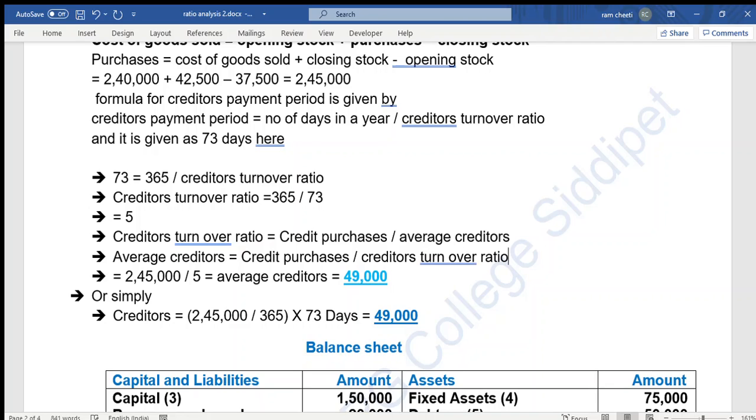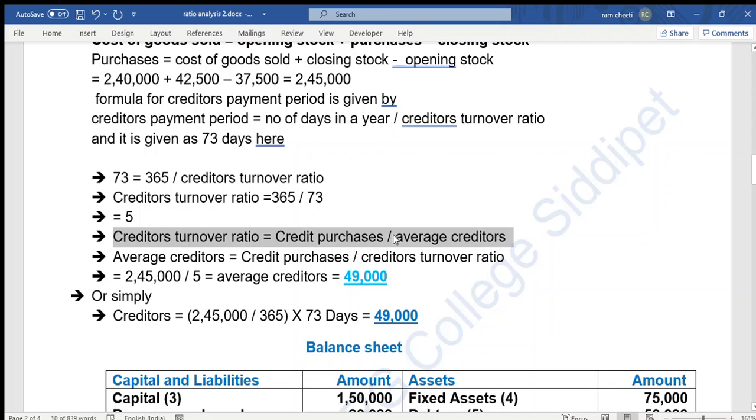Simply converting this equation to find out average creditors: average creditors is equal to credit purchases divided by creditors turnover ratio, that is 2,45,000 divided by 5. So average creditors is equal to 49,000.